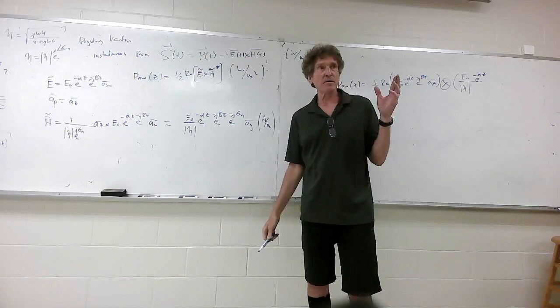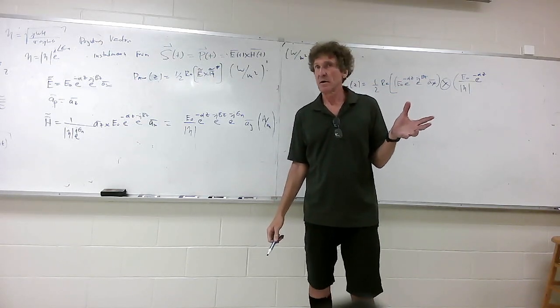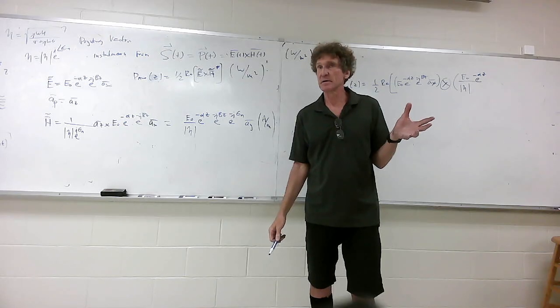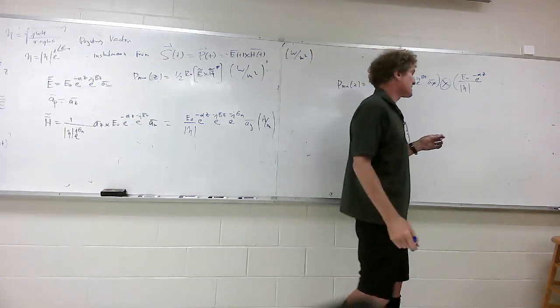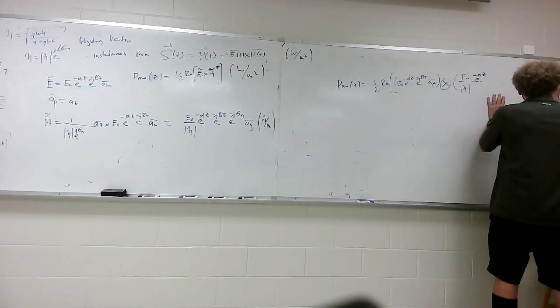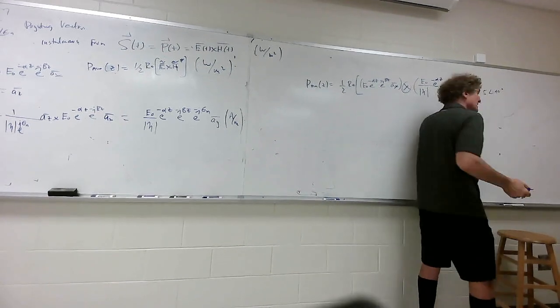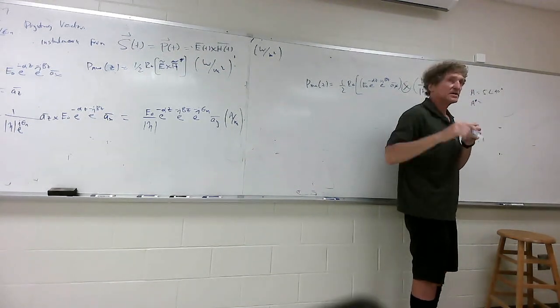Does everybody know what conjugation is? Are you familiar with the term conjugation? When I say something is conjugated, if I say A is 5 at an angle of 40 degrees, what is A conjugated? Class? The symbol for conjugation is an asterisk.